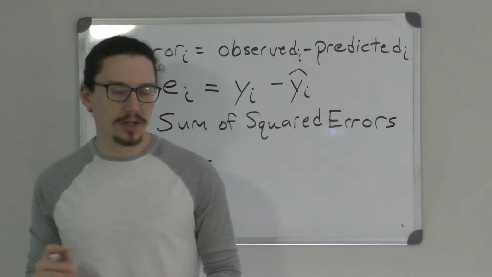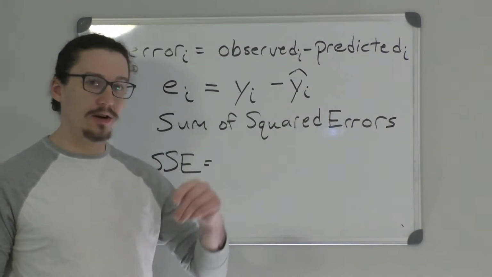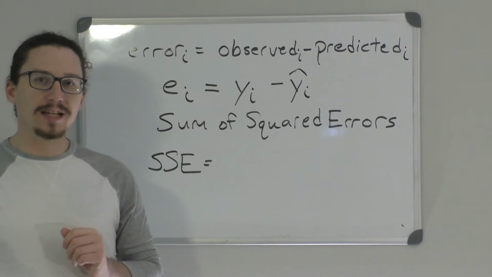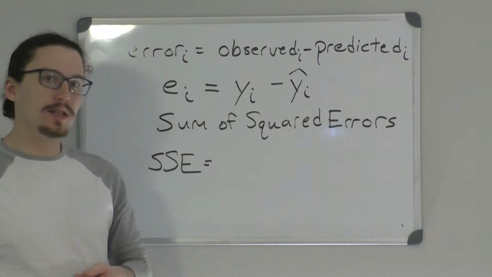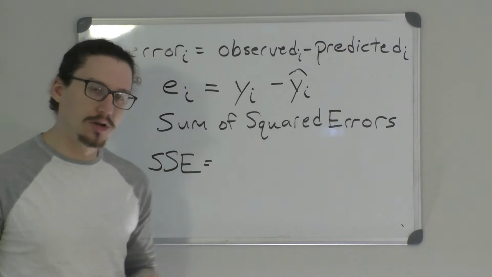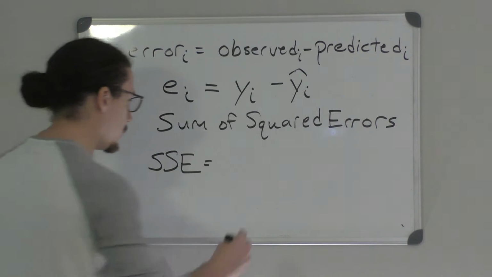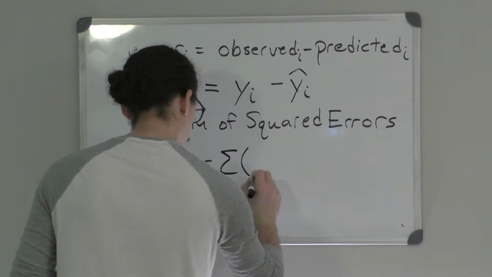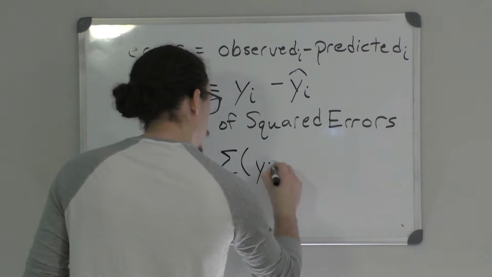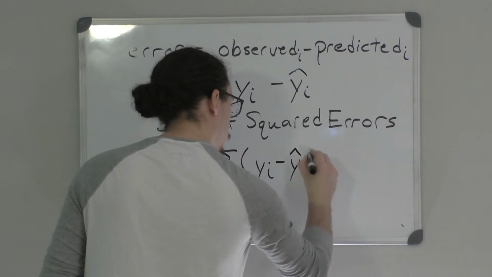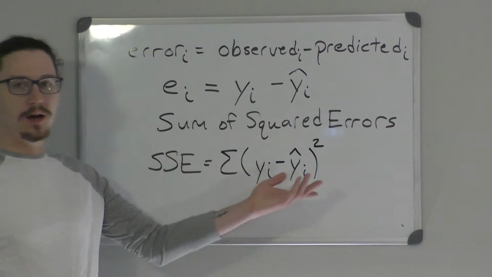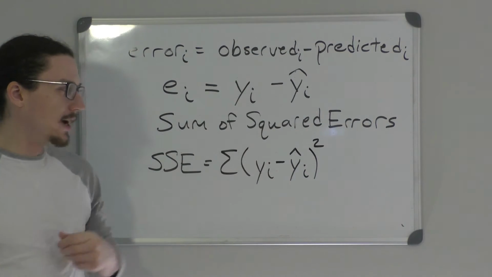So our sum of squared errors, or SSE, should look somewhat familiar from the last chapter, ANOVA. The sum of squared errors is equal to the sum of (y_i minus y_i hat) squared.